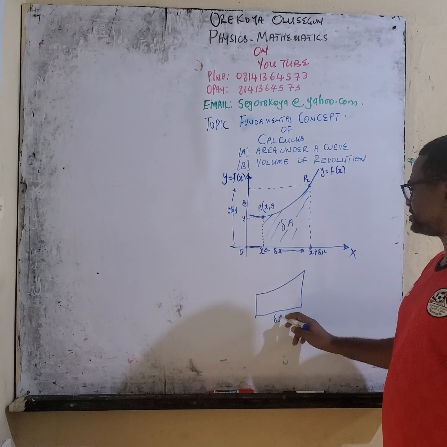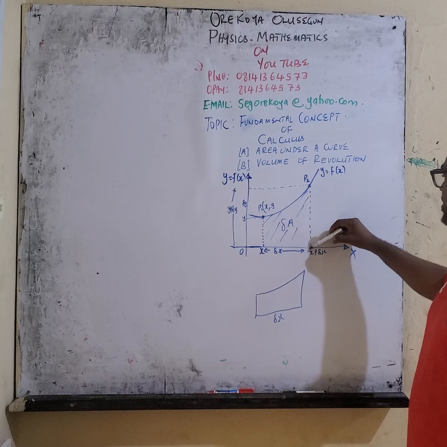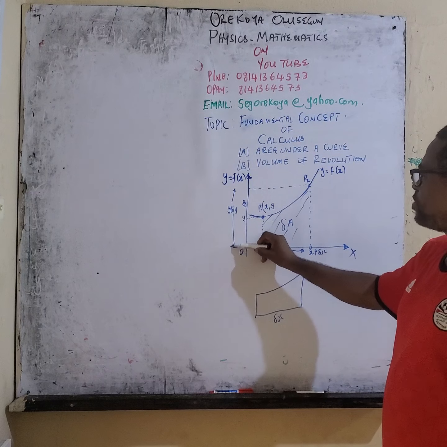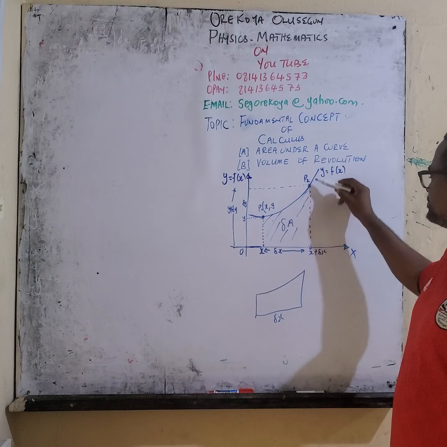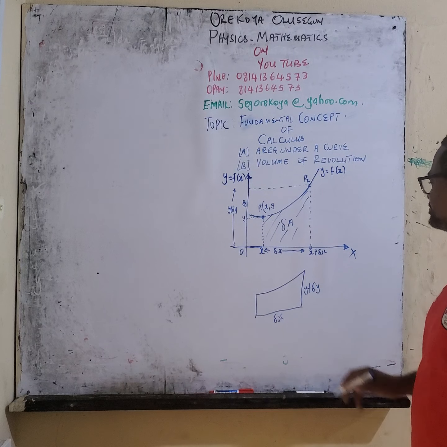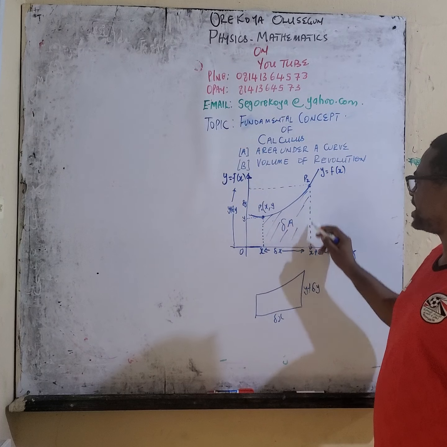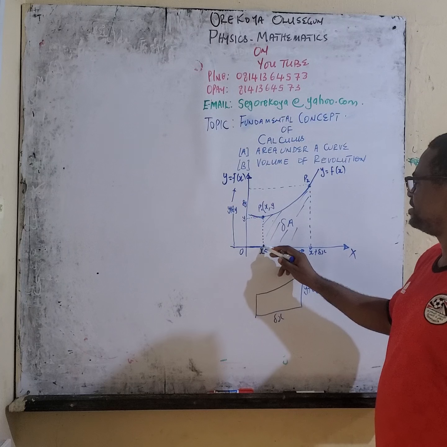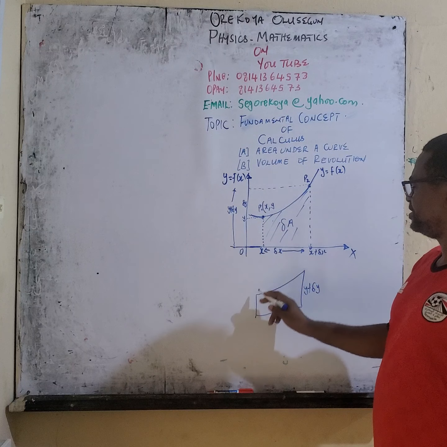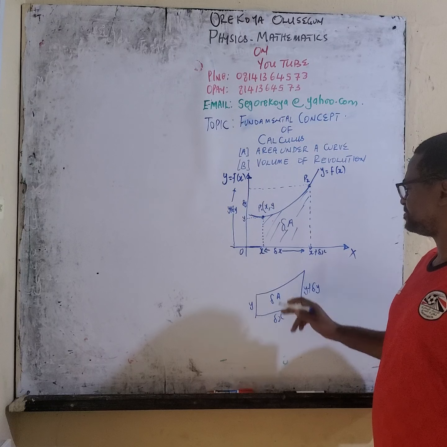That is delta x. And this particular side of the shape from here to here, like I said, is y plus delta y. So this place is y plus delta y. Now this side of this particular shape from here to here is y. So I have y. So this area, I put it as delta A.